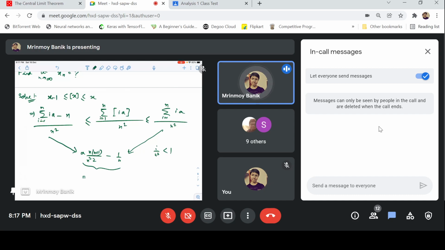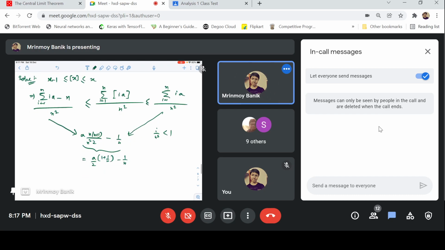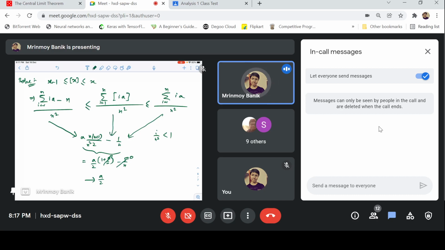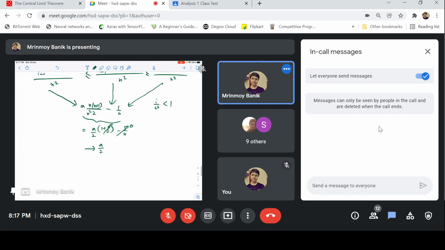So it's equal to a times 1 plus 1 by n, over 2, minus 1 by n. This thing goes to 0, this thing goes to 0. The whole thing tends to a by 2. So both of them tend to a by 2. So this one has to tend to a by 2 also. The sandwich theorem.